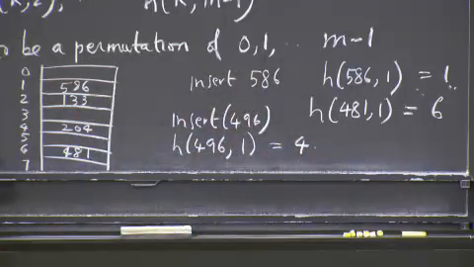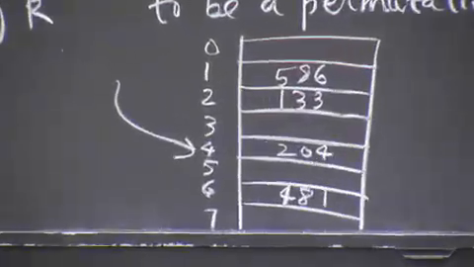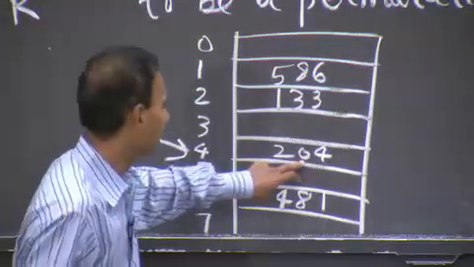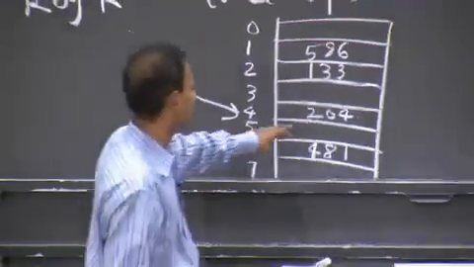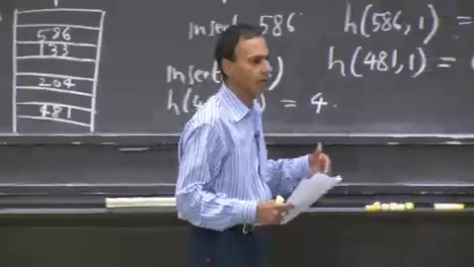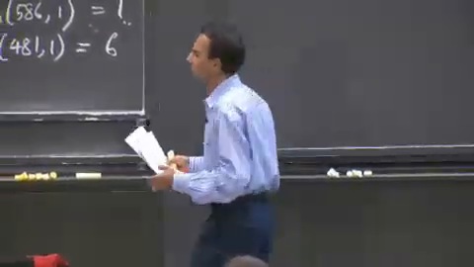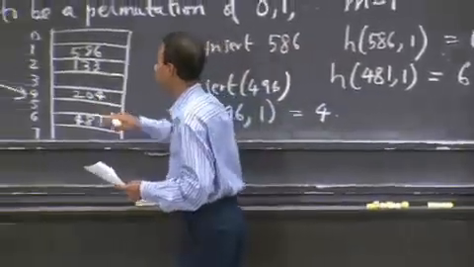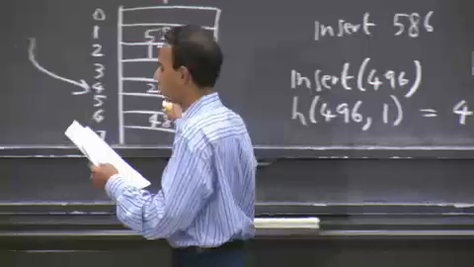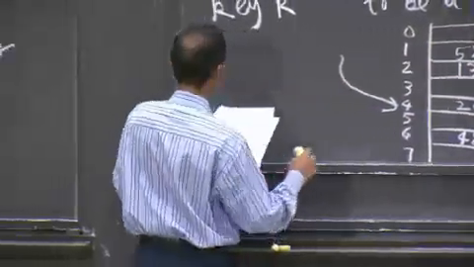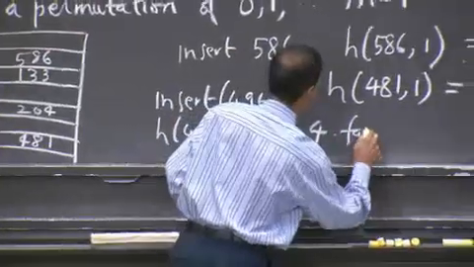So the first thing that happens is I go in here and I say, oops, this slot is occupied, because I'm going to have a special flag associated with an empty slot, and we can say it's none. And if it's not none, then it's occupied, and 204 is not equal to none. So I look at this and I say the first probe actually failed. Okay? And so h(496, 1) equals 4 fails.